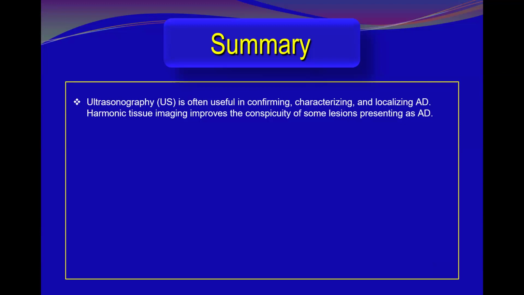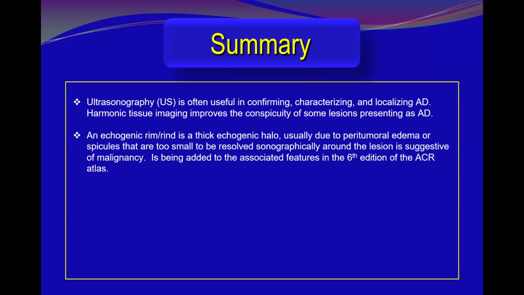Ultrasound is often useful in confirming, characterizing, and localizing architectural distortion. Harmonic tissue imaging improves the conspicuity of some lesions presenting as architectural distortion. An echogenic rind is a thick echogenic halo, usually due to peritumoral edema or desmoplastic reaction or spicules beyond the resolution of ultrasound, and it's highly predictive of malignancy.